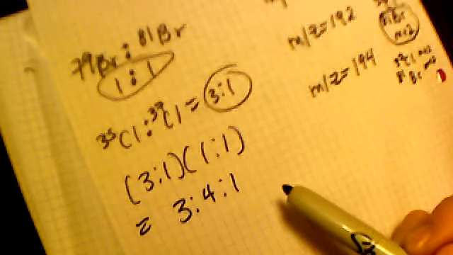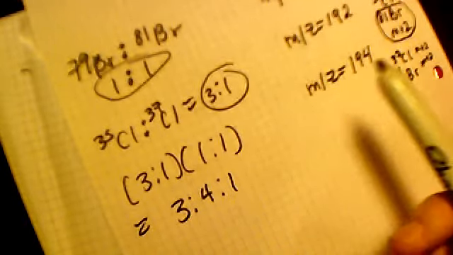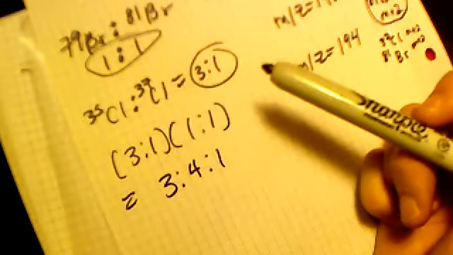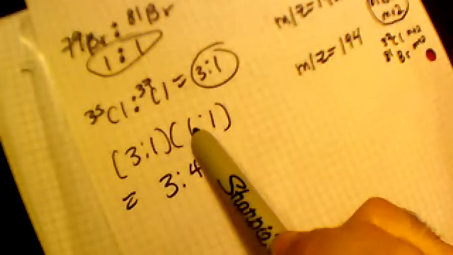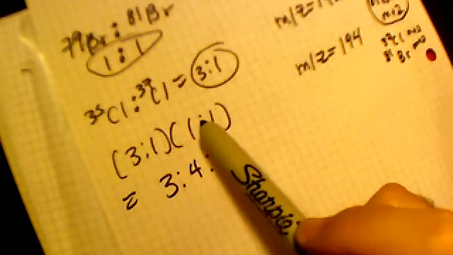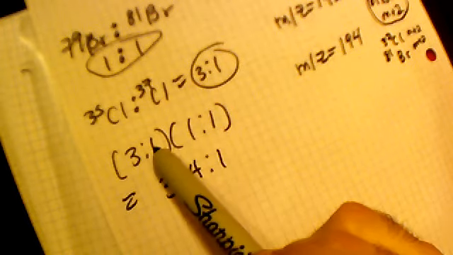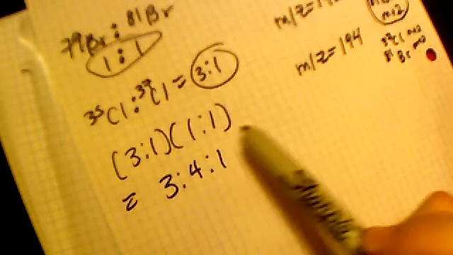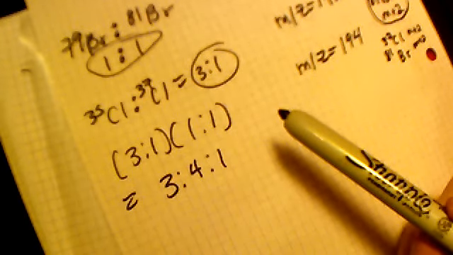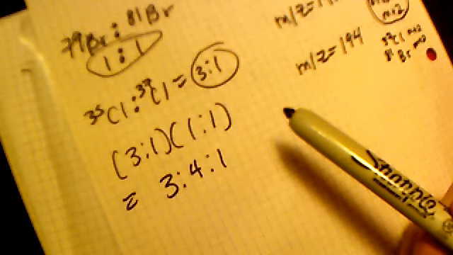I think it has something to do with probability, and I'm going to have to look that up, or if someone could look it up, it would be really helpful. But I think I've been noticing that when you multiply these, you get this, and when you add these, you get this. But let's see what happens in other problems. Okay, so 3 to 4 to 1.